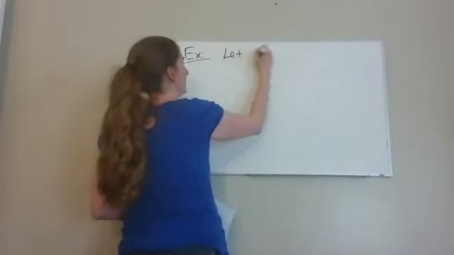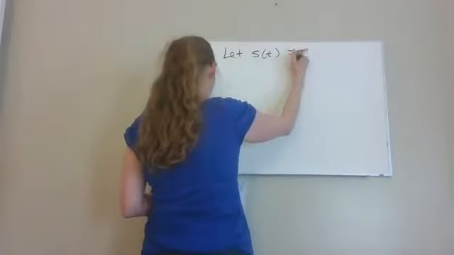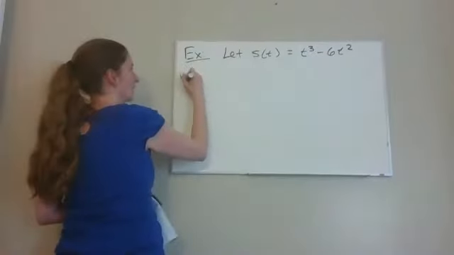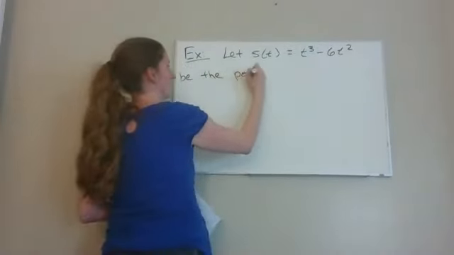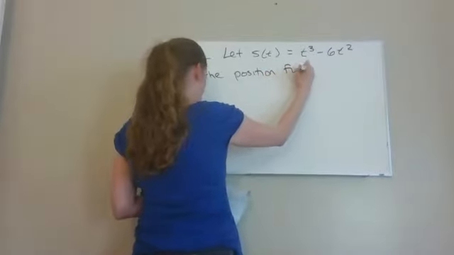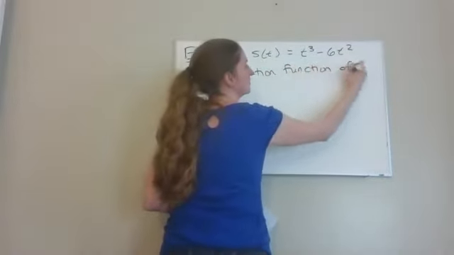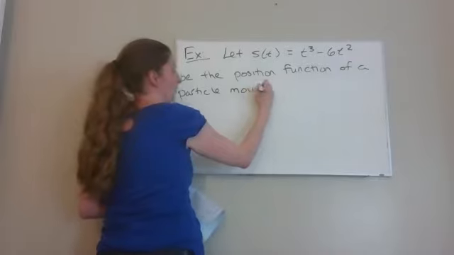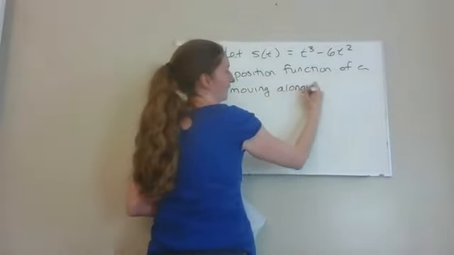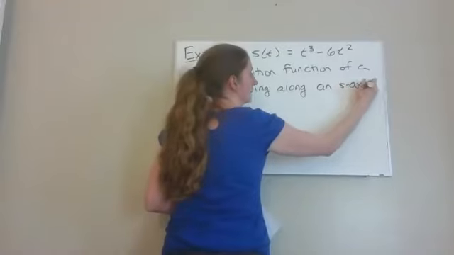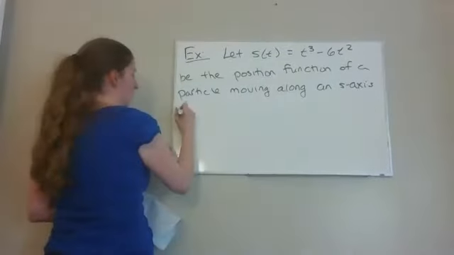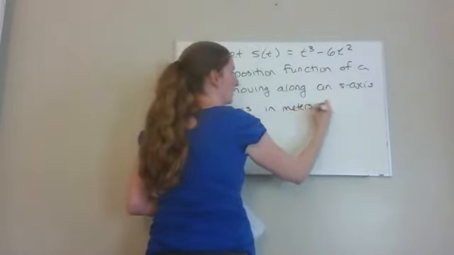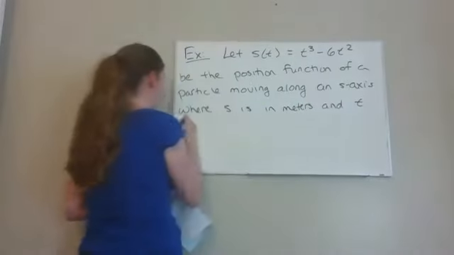So let's let S of t equal t to the third minus 6t squared, and that's going to be the position function of a particle moving along an s-axis, where s is in meters and t is in seconds.